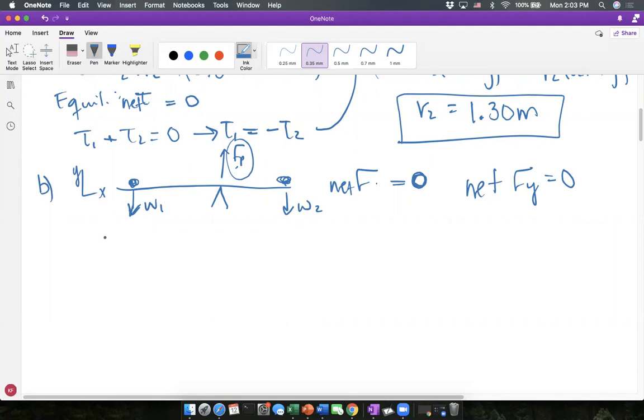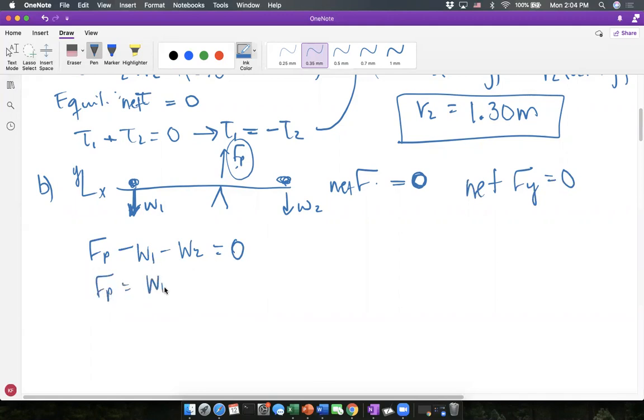So we have FP minus W1, since it's in the negative y direction, minus W2, again negative direction, equals 0. So we can solve for this.